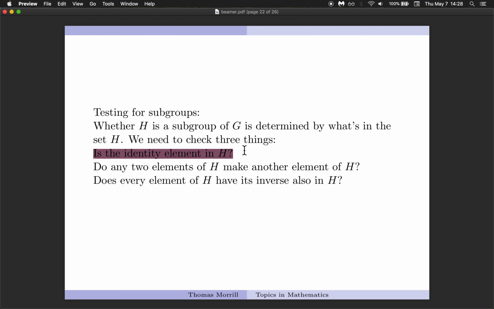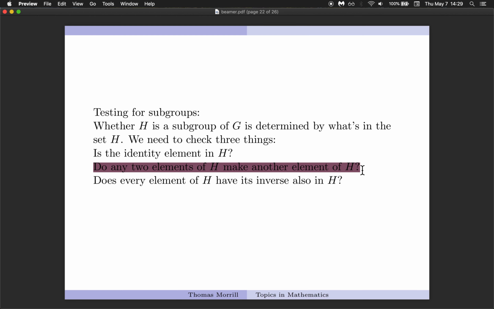Number one, is the identity element in H? You always need an identity element in your group. Number two, do any two elements of H make another element of H, right? So I know that any two integers, those are both rational numbers, right? 2 is just 2 on 1, 7 is just 7 on 1. Add them up together, I'm going to get some fraction.